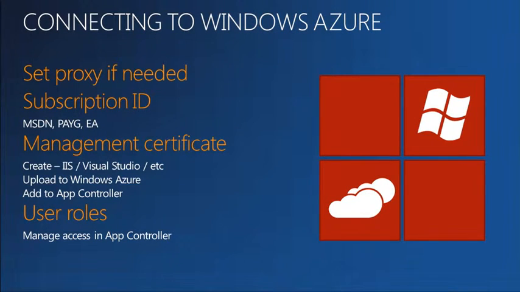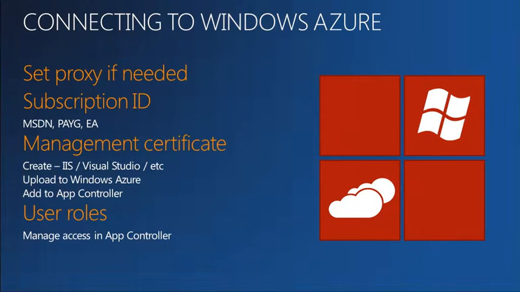A nice, easy, wizard-driven way to do it is to go into IIS Manager and go through the process of creating a self-signed certificate and then exporting the certificates and giving the public key to Azure and keeping the private key for App Controller. And using a self-signed certificate in this case is actually okay, because all we're doing is we're controlling the key, we're giving it to Windows Azure just for that authentication.